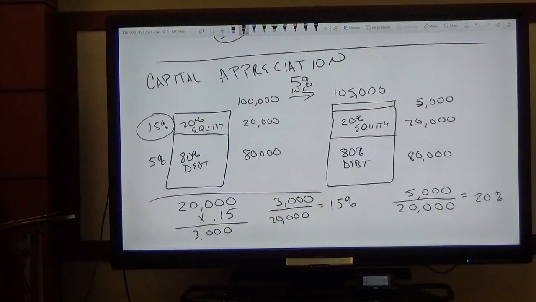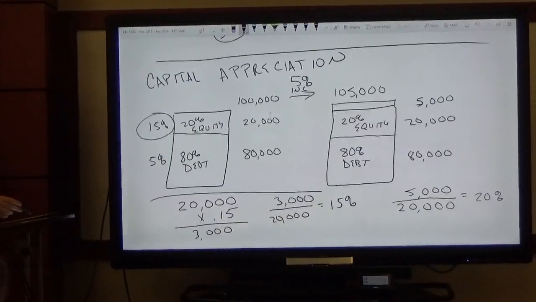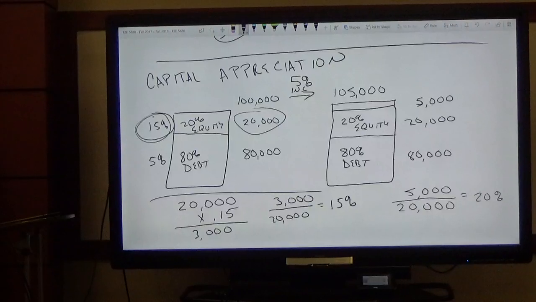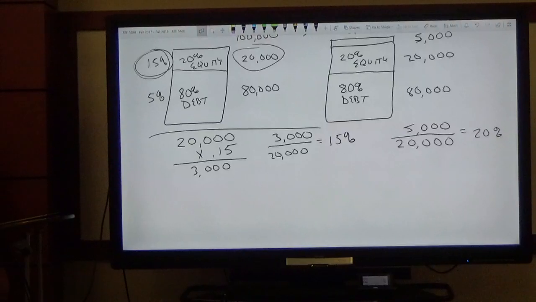Does everybody see that? You're taking the $20,000 of equity and multiplying it by your required return on equity of 15%. That gives you $3,000 of income. So $3,000 divided by the $20,000 that you have invested gives you a 15% rate of return in the first year.